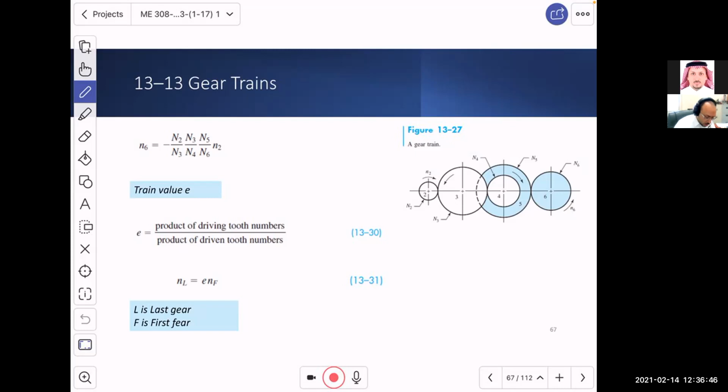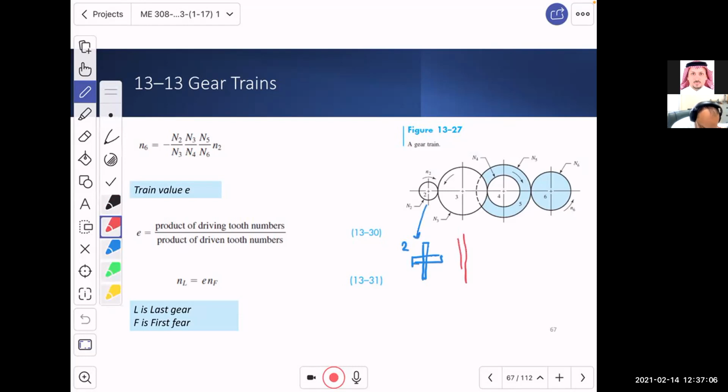So in this example, if you look, we have stages. The first stage, if we look at the top, this is the shaft, and then we have gear number 2. And then we have another stage where we have another shaft over here. Then we have gear number 3.